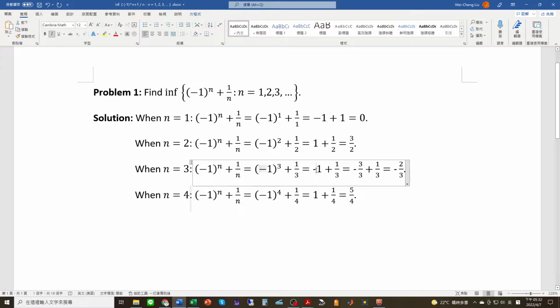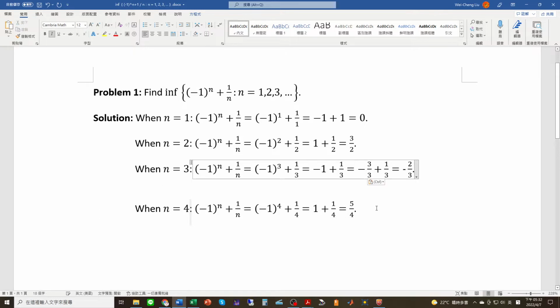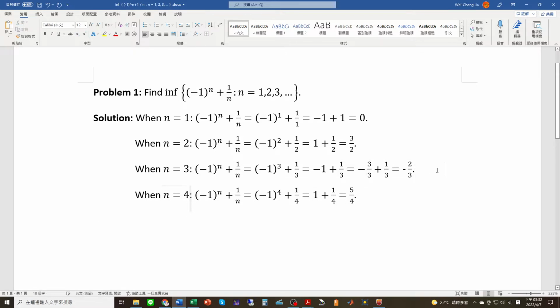This should be a minus sign, and this should be a minus sign. So let's go on and on.